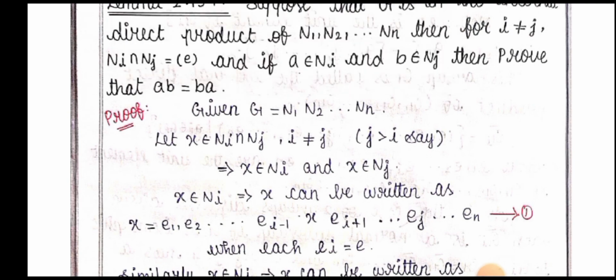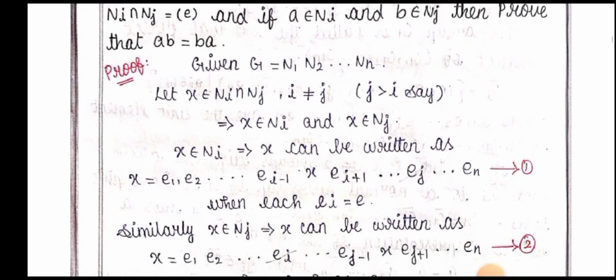If x belongs to Ni and x belongs to Nj, then x belongs to Ni implies x can be written as x is equal to e1, e2 and so on ei minus 1, x, ei plus 1 and so on ej and en. Let it be equation 1. In the equation, the x is placed in the ith place.